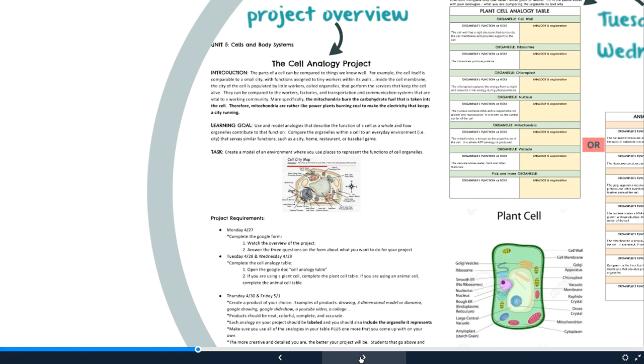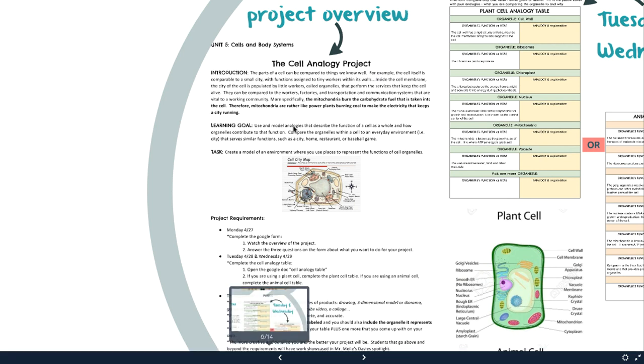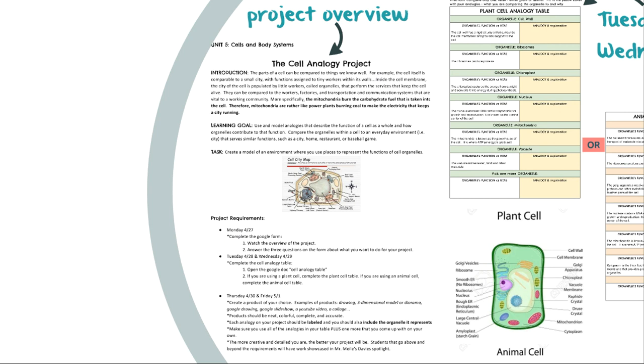So for this project, these are the directions. This is the handout that you would have gotten at school. I'm going to go over it right now, and you can always refer back to that as well. It's attached to your Google assignments. For the introduction, you can read along with me. The parts of a cell can be compared to things we know well.